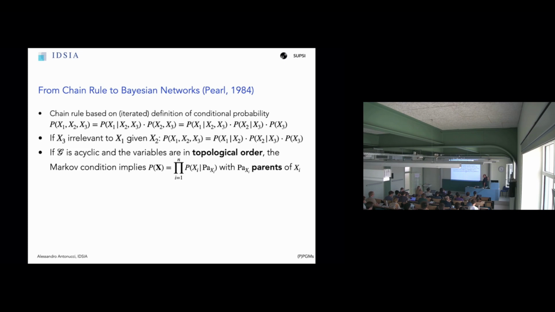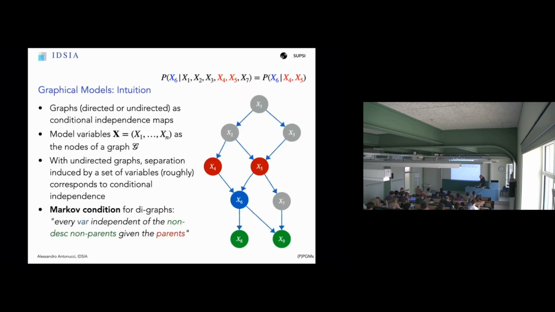Now, let's say that we have a graph, and this graph should be acyclic. Otherwise you may get some contradiction; there are also some extensions to the cyclic case. Let's say that we have a topological order. So basically, the variables are ordered in such a way that non-descendants come after in the order. You see these variables are in topological order.